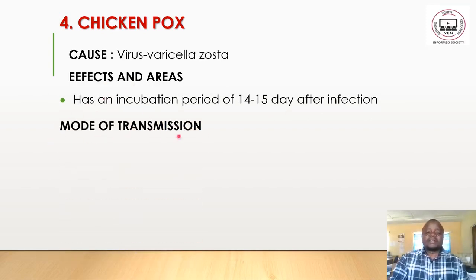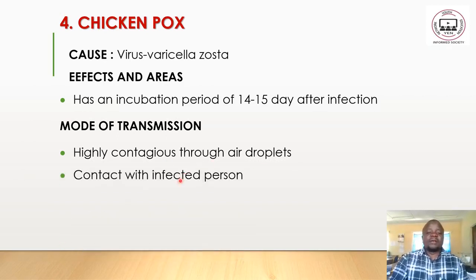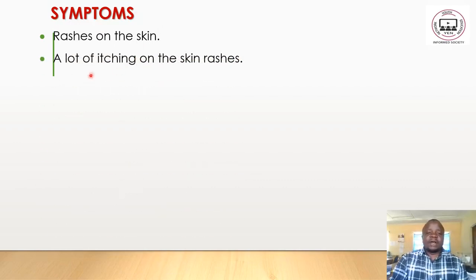Mode of transmission, how is it spread from one person to another? It's highly contagious through air droplets and contact with an infected person. Symptoms: rashes on the skin, a lot of itching on the skin rashes, and mild fever.